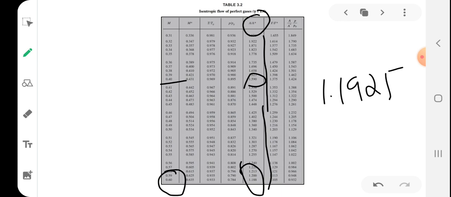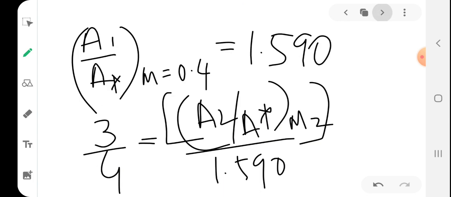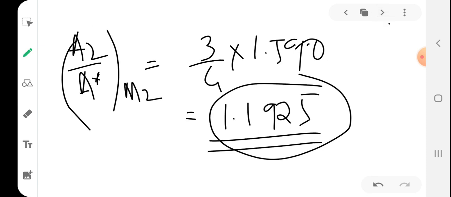If you interpolate, you will get around 0.595. So that is the value of M2.